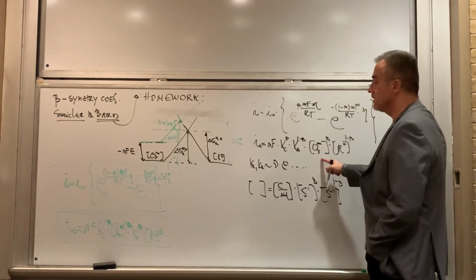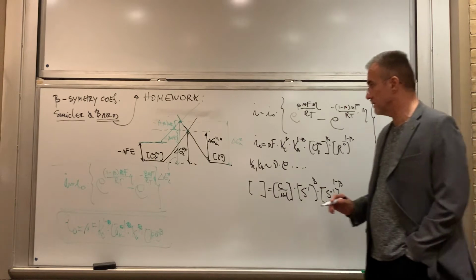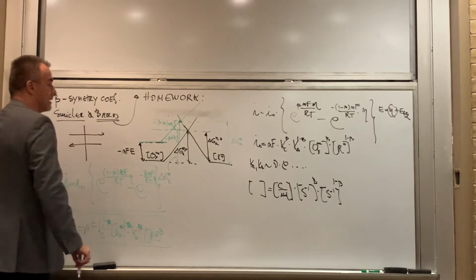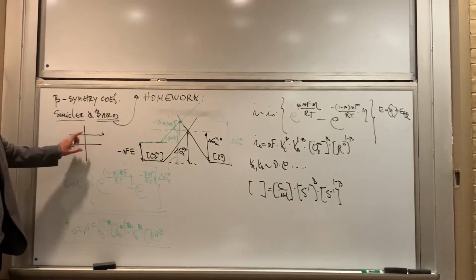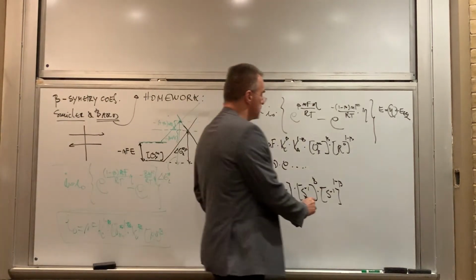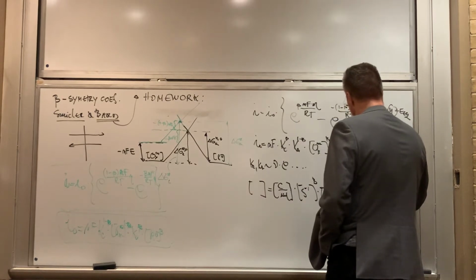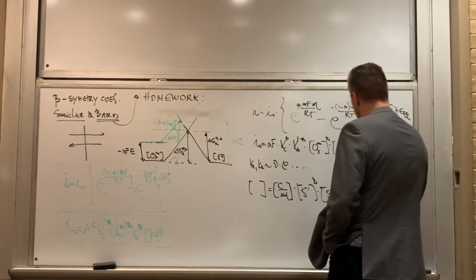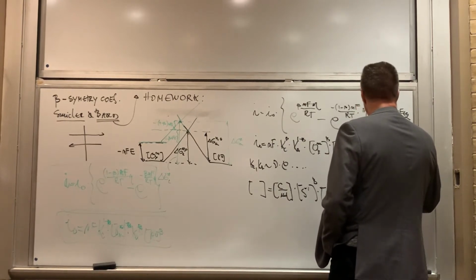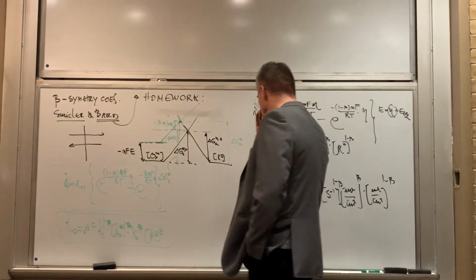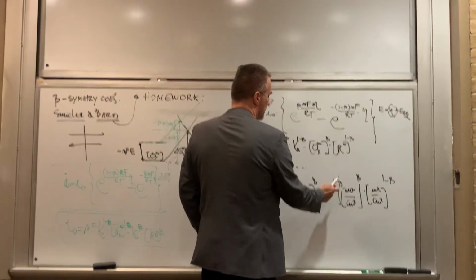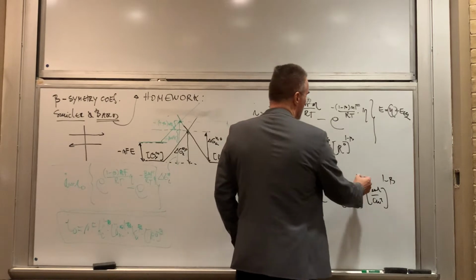Then here we have concentrations, but as you remember, because the reaction is happening at the interface, those are surface concentrations, right? So the surface concentrations are mole per centimeter squared to the beta times mole per centimeter squared to the 1 minus beta. If you do the math, second to the beta times second to the 1 minus beta, the beta drops, and the same thing for the concentrations.